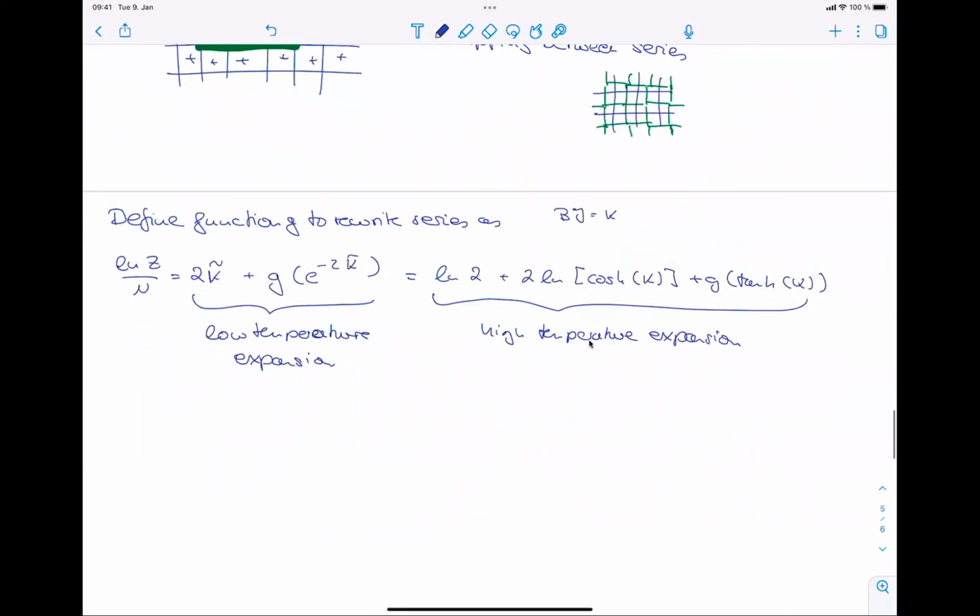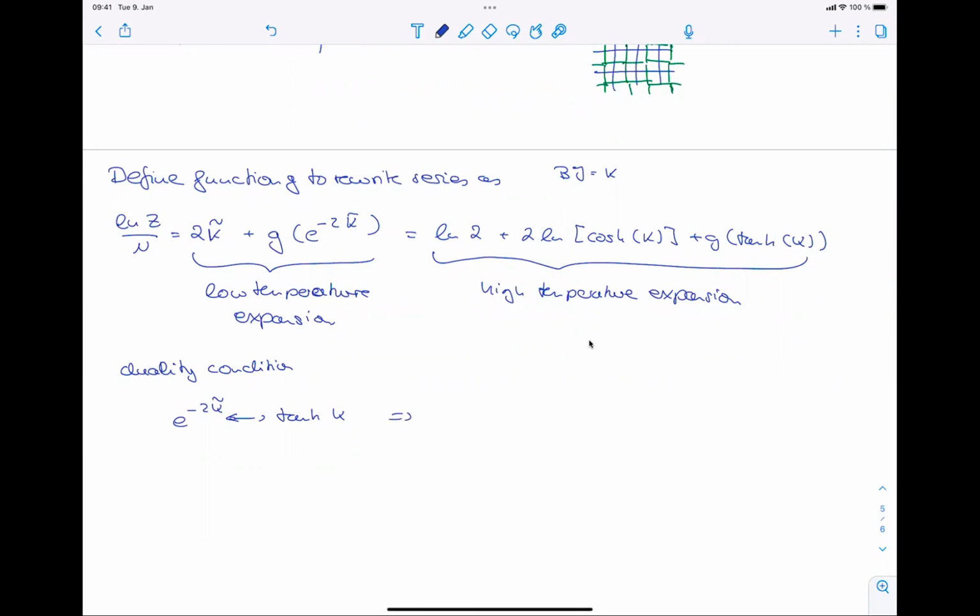And so the duality condition, that I can do this mapping, is that e to the minus 2K tilde corresponds to this tanh of K, right?